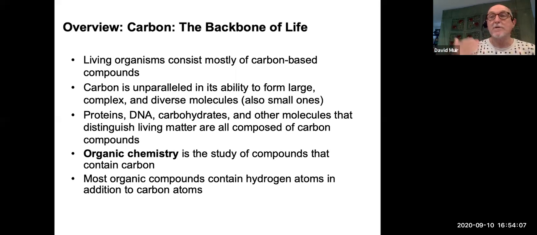The most common elements associated with carbon in biological molecules are hydrogen, and then also very often oxygen, and then some other things as well, as we'll hear in a minute. But most organic compounds, at the very minimum, contain carbon and hydrogen.